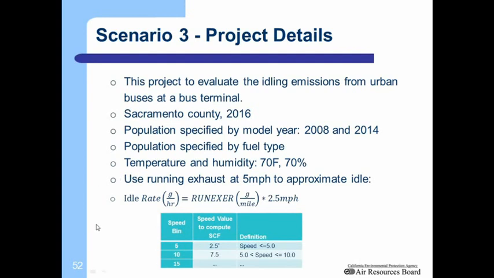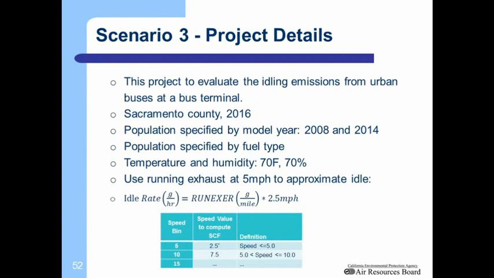Here, as you can see in the partial table here, the EMFAC 2014 specify the speeds by speed bin. The speed bins are defined by 5 mph intervals. For instance, the 5 mph speed bin refers to the speeds that's between 0 mph and 5 mph. And the emission rate at 5 mph speed bin is actually computed at the point of speed of 2.5 mph for light-duty cars and urban buses.